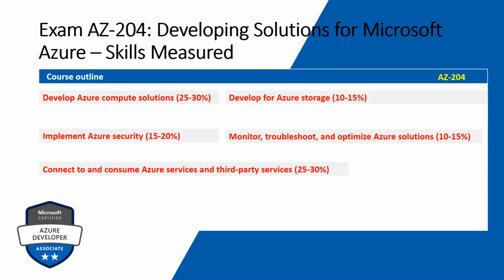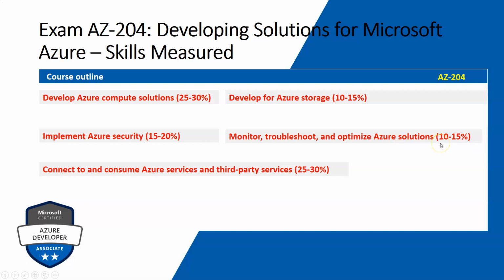Okay, so here is the entire course outline. The first module or section is develop Azure compute solutions, which covers 25 to 30% of your exam. It's very important. Next one is develop for Azure Storage. We'll talk about Cosmos DB and blob storage. Then implement Azure security. So here we'll talk about Azure Active Directory, OAuth 2, right? And the next one is for troubleshooting.